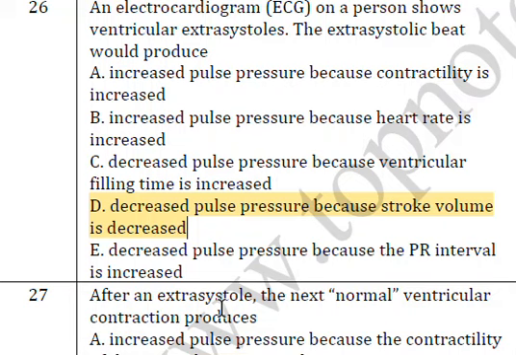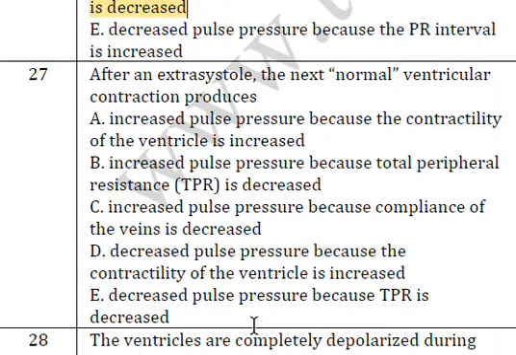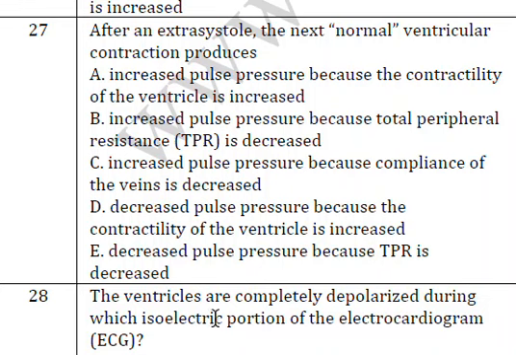And to the 27th question. After an extrasystole, the next normal ventricular contraction produces A. Increased pulse pressure because the contractility of the ventricle is increased. B. Increased pulse pressure because total peripheral resistance (TPR) is decreased.